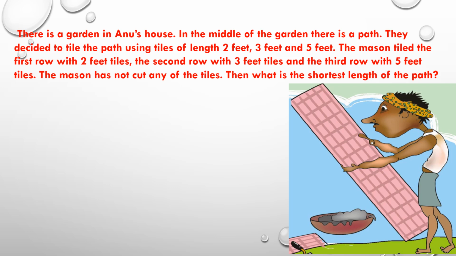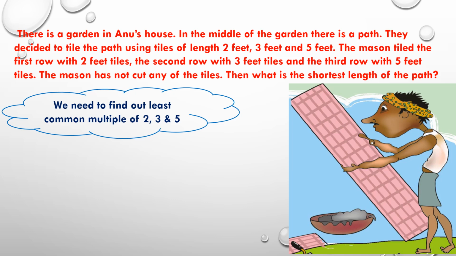Okay, so what I need to find out, first I should know what is the common multiple of 2, 3 and 5. If I know the common multiple of 2, 3 and 5, then I will know about the numbers of tile he will put. Okay, another thing, we need to find out the length of the path and shortest length of the path. That means I have to find out the least common multiple of 2, 3 and 5.